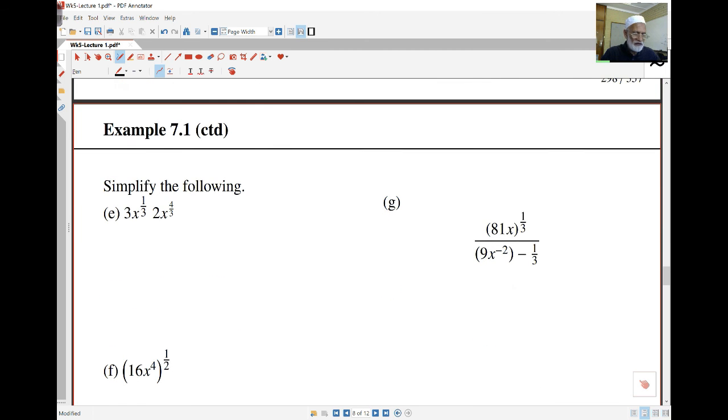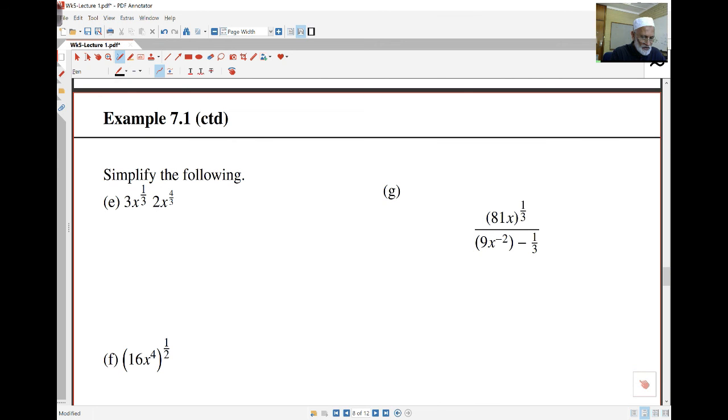So more over here in terms of some variables. So here the numbers multiply, so I get 2 times 3 is 6, and then I get x to the 1/3 plus 4/3, so that gives me 6x to the 5/3, and that's how I leave it.